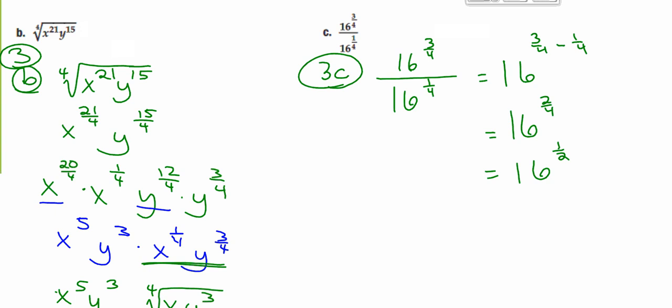And that 16 is also a perfect square, and we're taking the square root. So this is the plain old square root of 16, and what is the square root of 16? 4. And just a reminder, for that square root, we don't write the index. Okay, so those are the problems that we're doing.